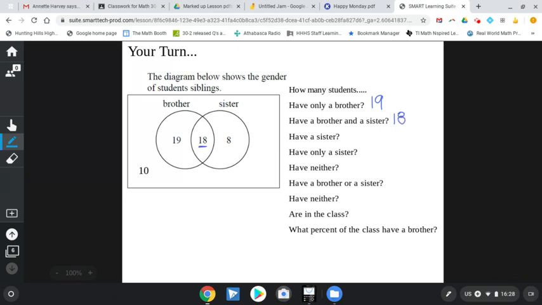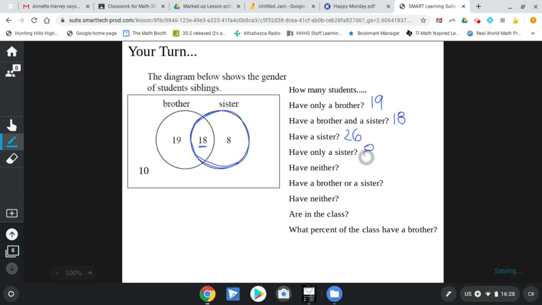How many have a sister? So be careful on this one. Everybody in this circle has a sister, so I've got to add the 18 plus the 8. There's 26 students that have a sister. How many have only a sister?